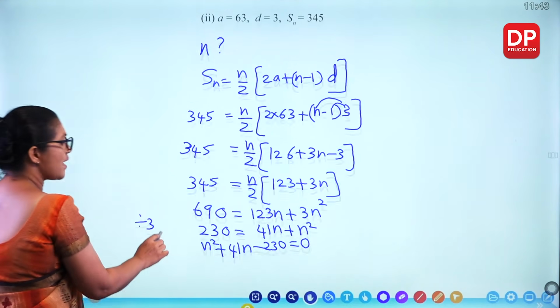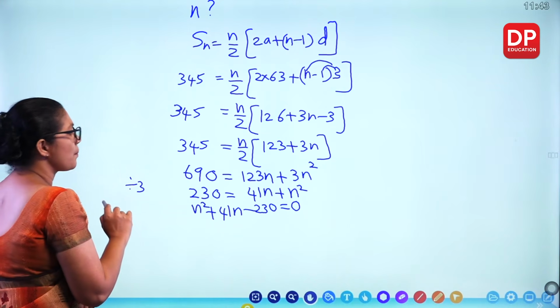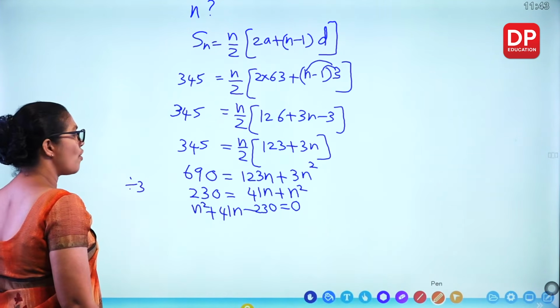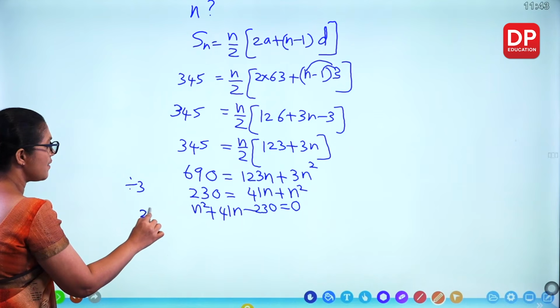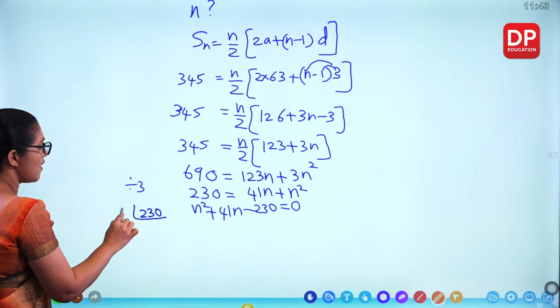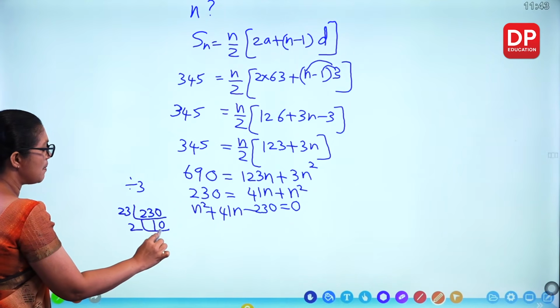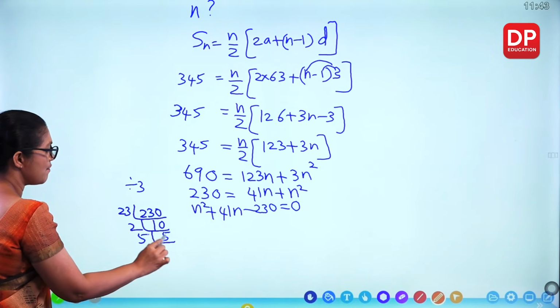So what are the factors of 230 to get 41? 230 is divisible by 23 and divisible by 2 and another 5.